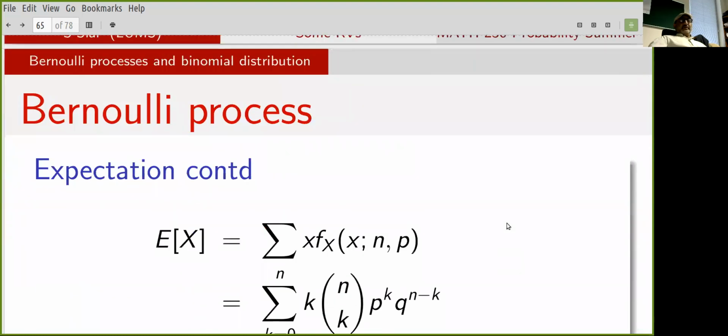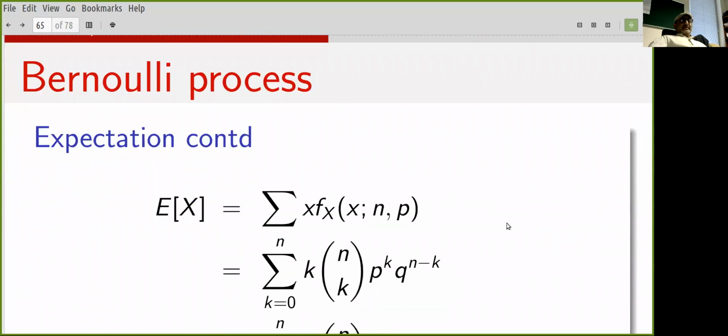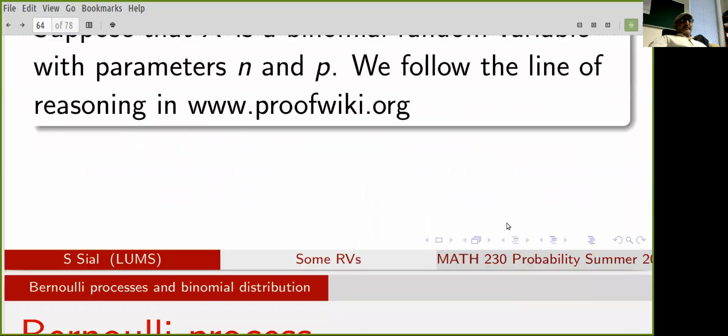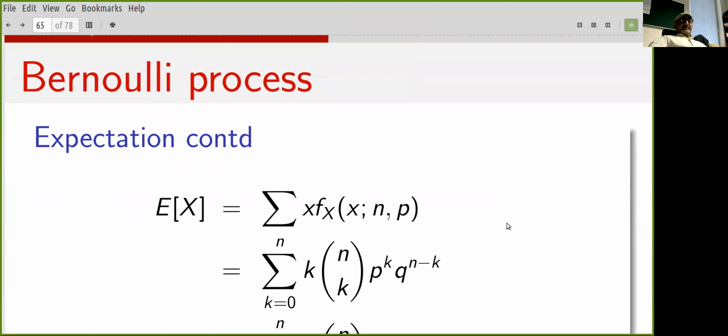Okay, so to take the expectation of a binomial random variable, well, in general, it's a summation over all allowed values x times the PMF for x. And in this case, the binomial random variable has these parameters n and p, with x going 0, 1, 2 up to n.